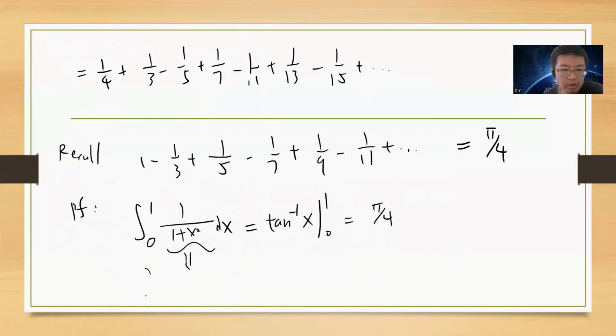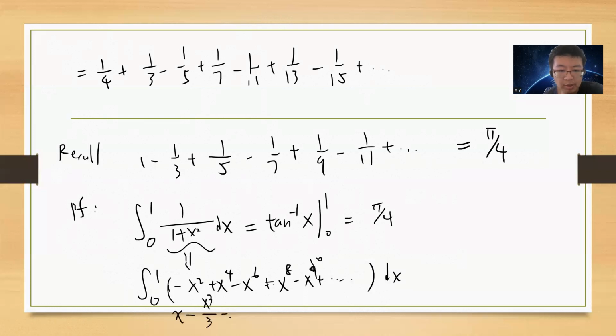If you expand this using the Taylor expansion of 1 over 1 plus x squared and integrate dx, you see that it is x minus x cubed divided by 3 plus x to the 5th divided by 5 minus x to the 7th divided by 7, from 0 to 1. You get 1 minus 1 divided by 3 plus 1 divided by 5 minus 1 divided by 7 and so on, which equals pi over 4.